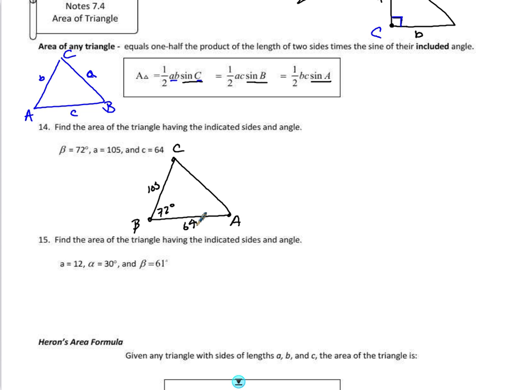If I'm trying to find the area of this triangle, once I draw my picture, all I'm worried about is taking the two adjacent sides, taking their product and dividing it by 2 or multiplying it by 1/2, and then multiplying it by the sine of the angle in between those two sides.